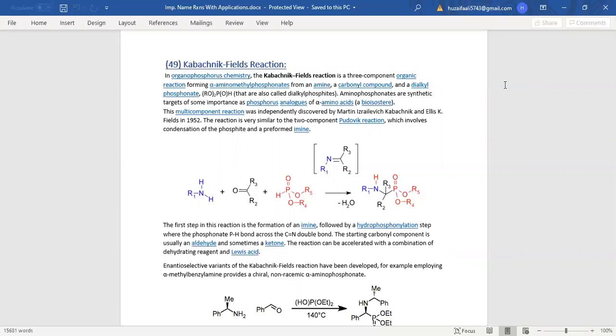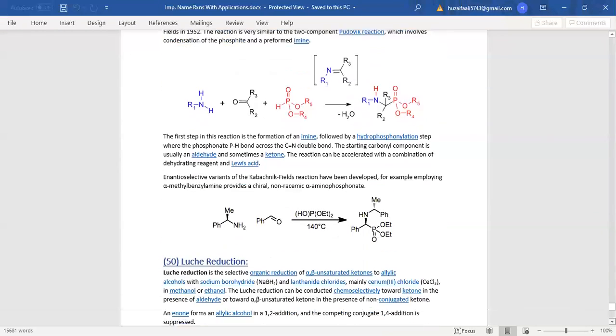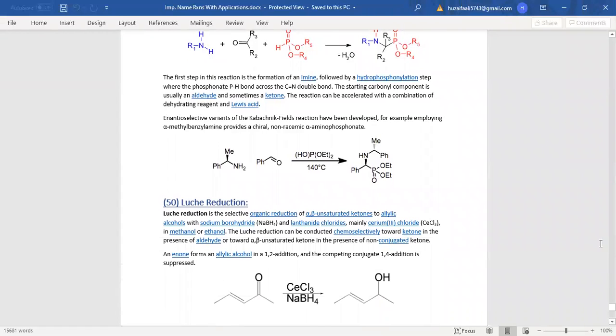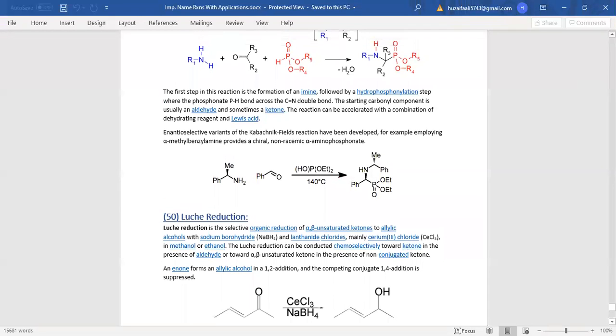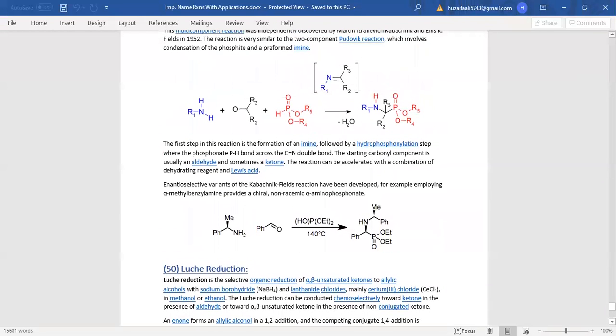The reaction is very similar to the two-component Pudovik reaction, which involves condensation of the phosphite and a preformed imine. The first step in this reaction is the formation of an imine, followed by a hydrophosphonylation step where the phosphonate P-H bond adds across the carbon-nitrogen double bond.